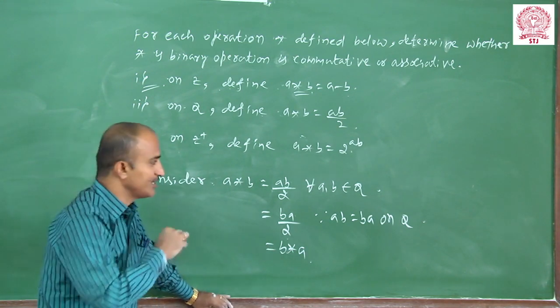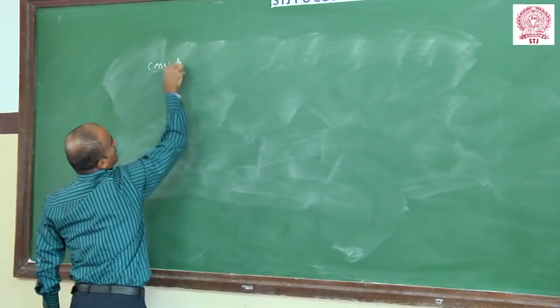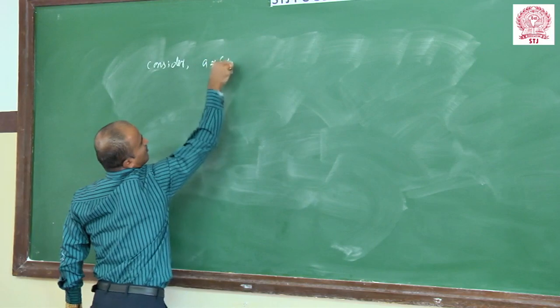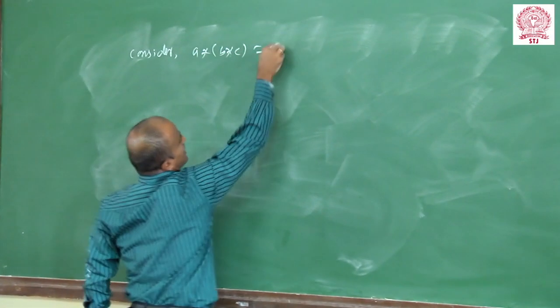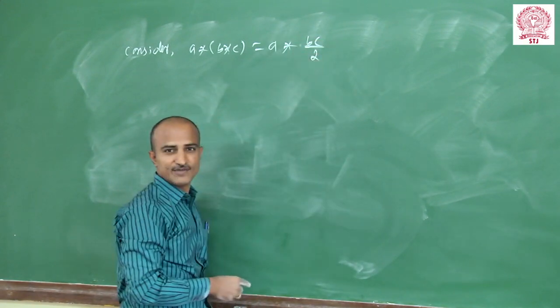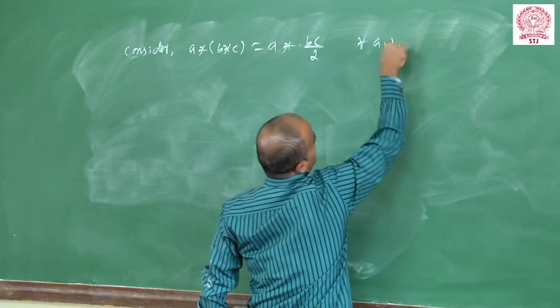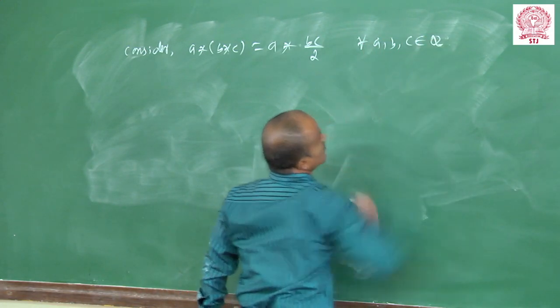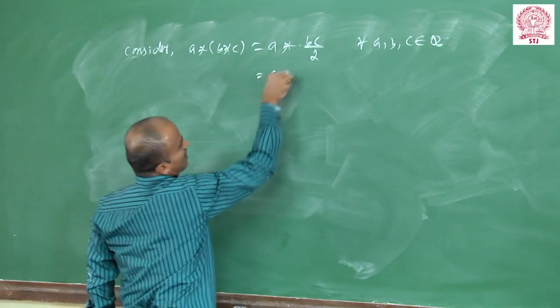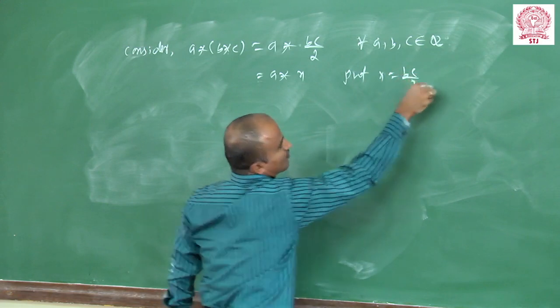That star is commutative. Now to examine the associativity of the star, consider A star of B star C, where it is A star of BC by 2, because A star B is AB by 2, then B star C is BC by 2, for all A, B, C belonging to Q. Now A star of X, put X equal to BC by 2.